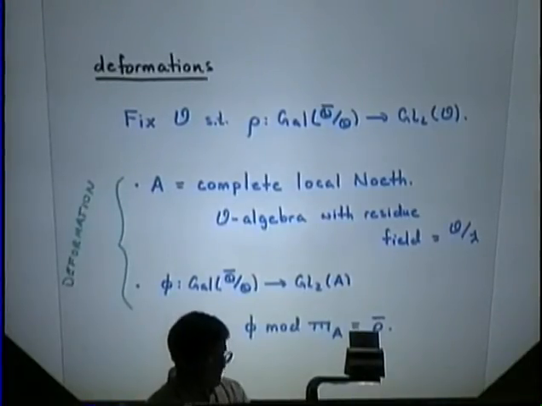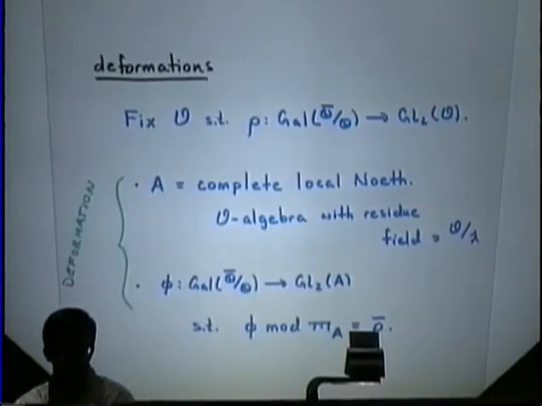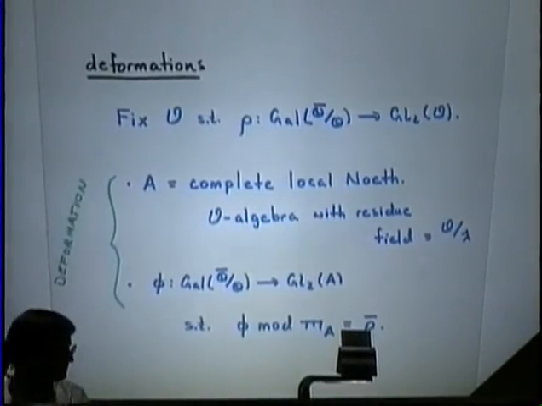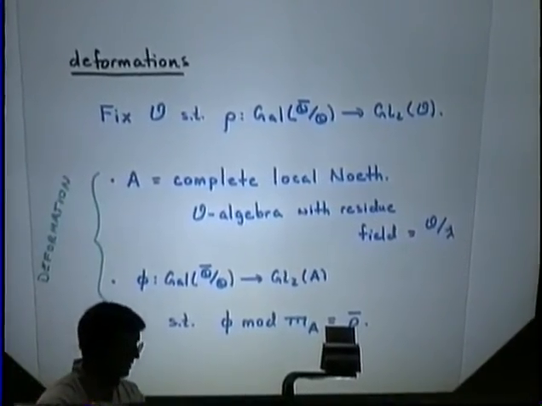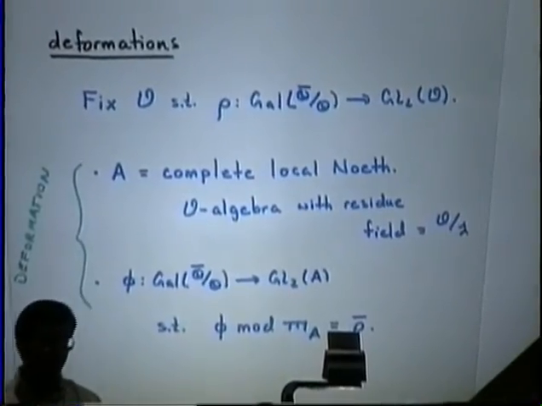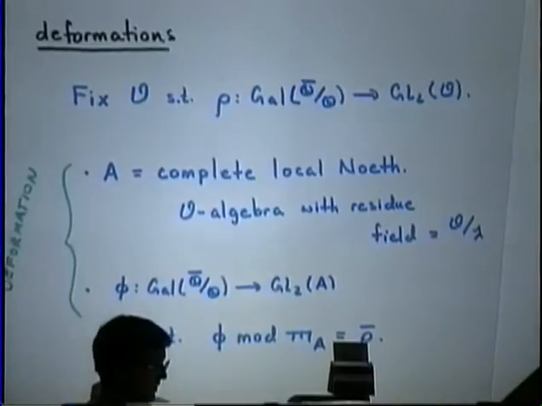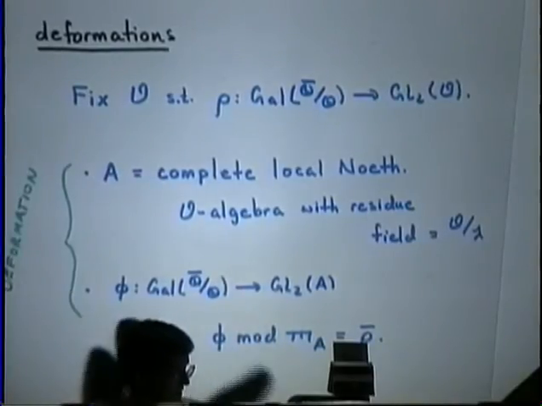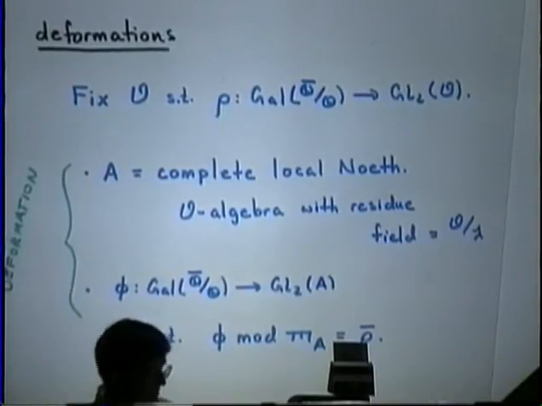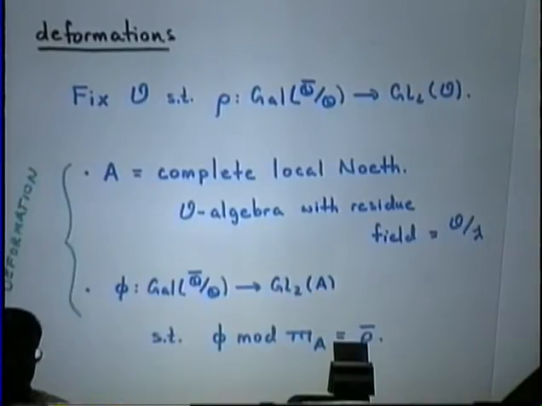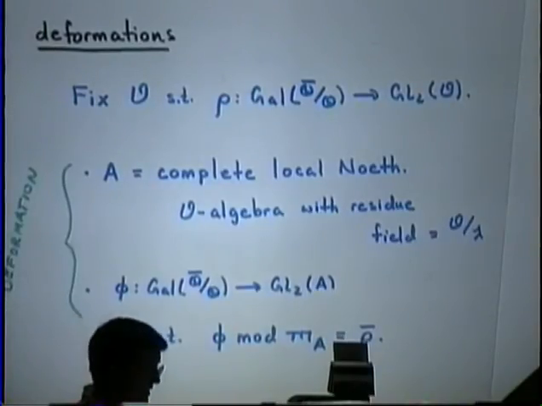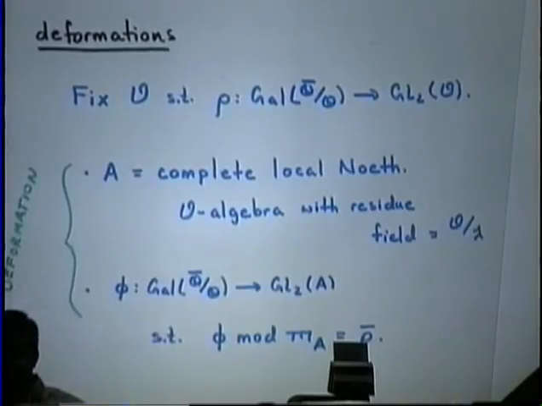What they'll consist of is some complete local Noetherian O-algebra A with the same residue field as O. So this is some nice category of rings. Together with a representation into GL2 of this algebra A, such that if we reduce this representation mod the maximal ideal of the algebra, we get back the residual representation.